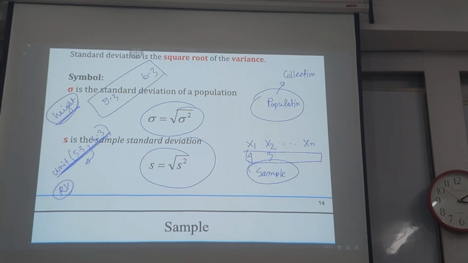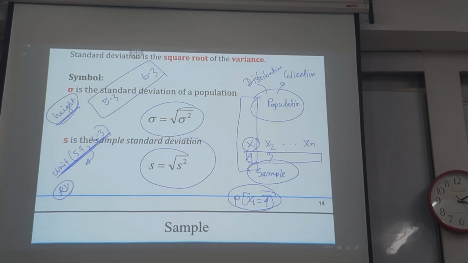But if we just focus here, then we can identify that this value 4 is the value of the random variable. So we can have the probability that X1 equals 4 in case of a discrete random variable. And this has the same distribution as the population distribution. If you have the same distribution as the population, then you will collect data that represents the population.